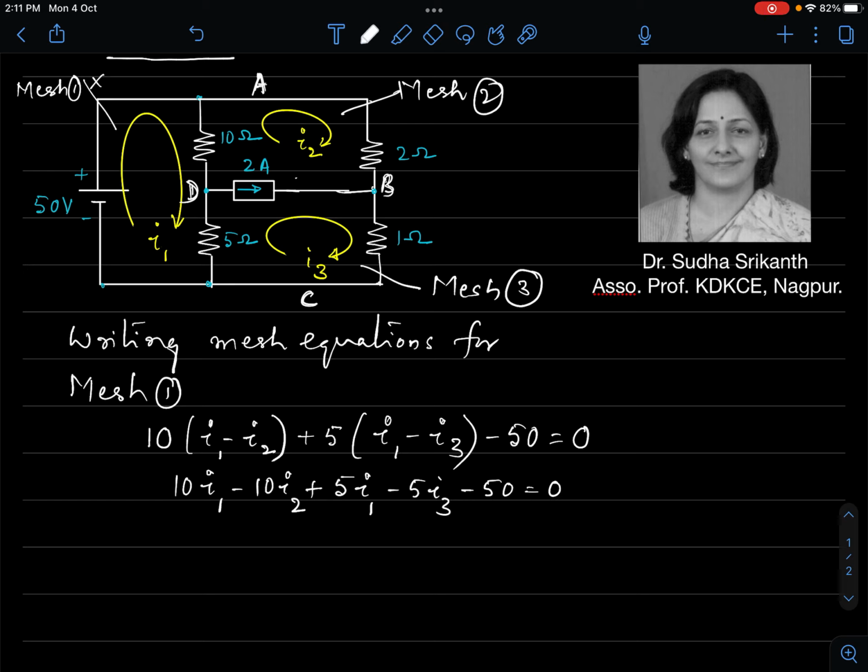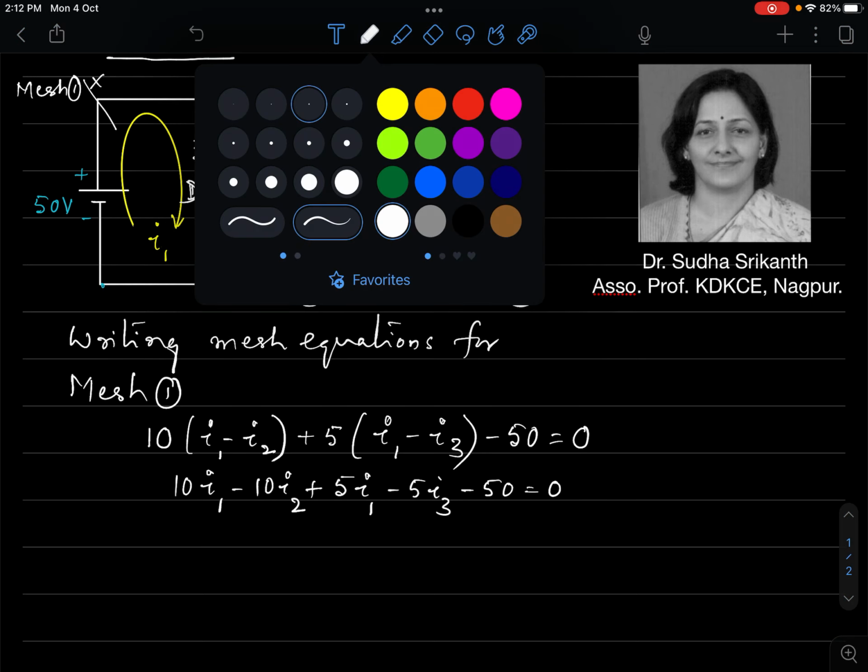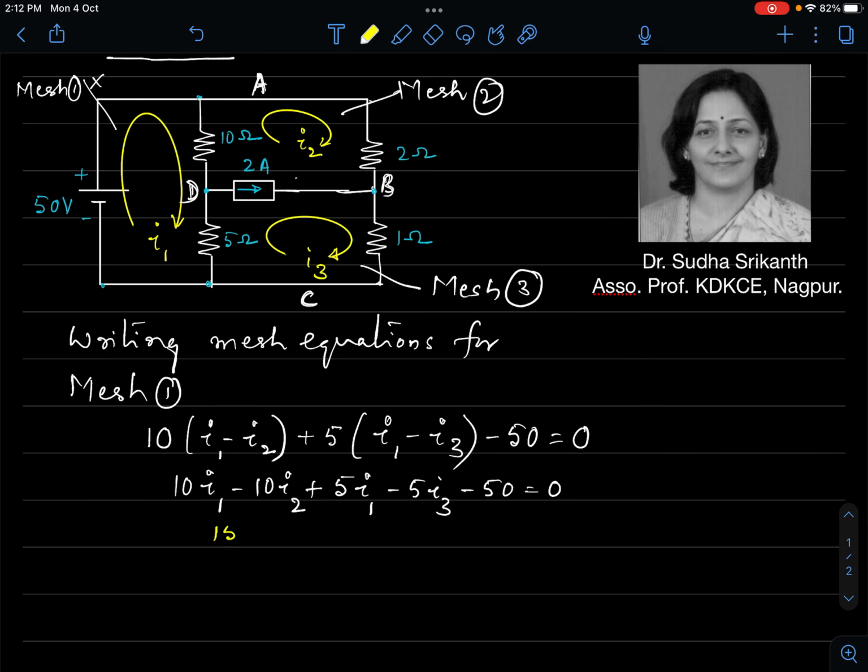That would be 15I1, adding the terms: 10I1, 5I1, minus 10I2, minus 5I3 equal to 50. Equation 1.